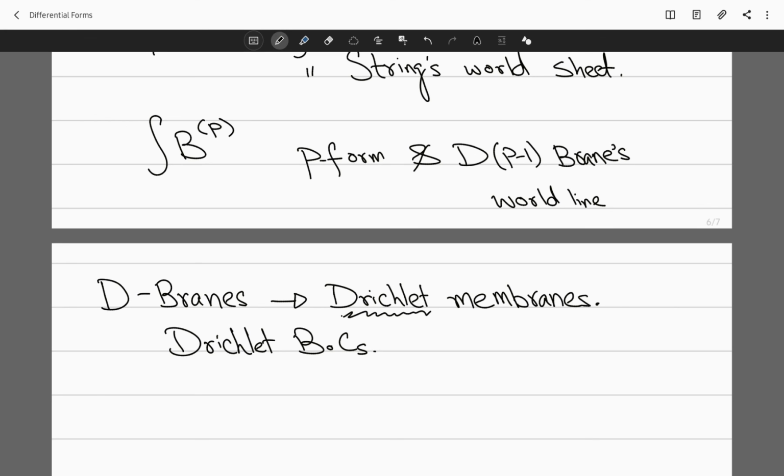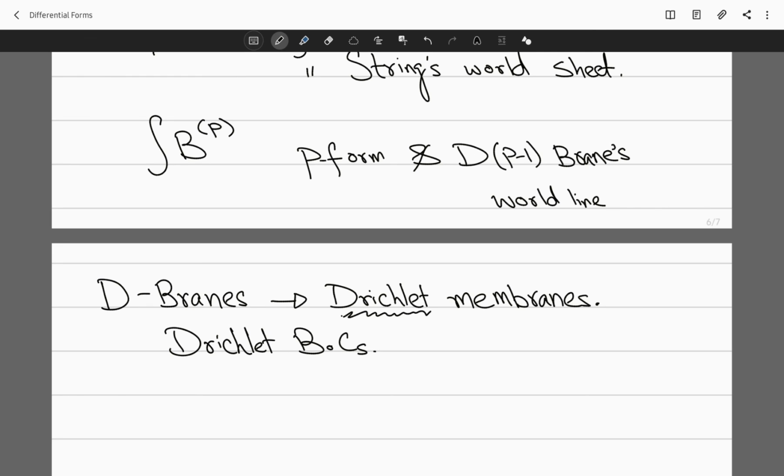Now, in string theory, the equations of motion that we get require that the endpoints of an open string satisfy one of two types of boundary conditions, one of which is the Dirichlet boundary conditions, and these pin the endpoints of a string.